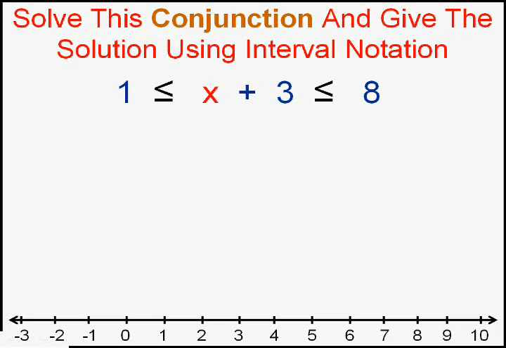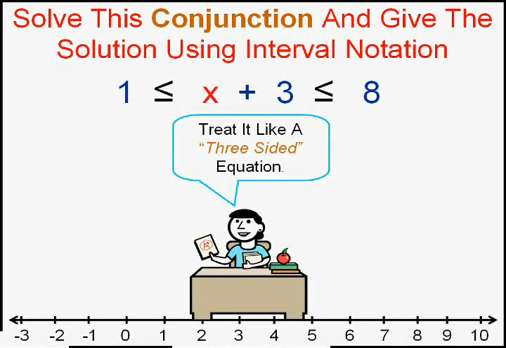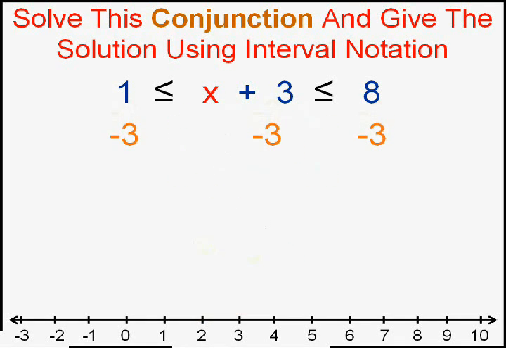Here's a conjunction. Now, a conjunction, when you have to solve it, really has 3 sides. So whatever I do, I'm going to have to do 3 times. To get x alone, I have to subtract 3. So I'll do it to all 3 sides. Okay, now I need to graph this.